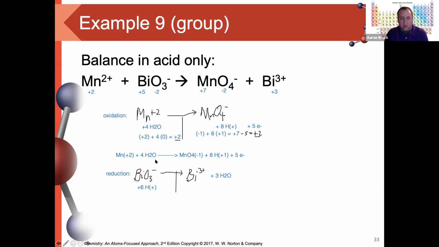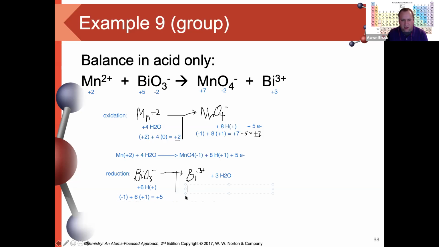For the reduction half reaction, we've handled everything so far other than the charge. Total charge, I have a -1 from the bismuthate ion and 6 positive ones from the hydrogen ions. Total charge over here is +5.